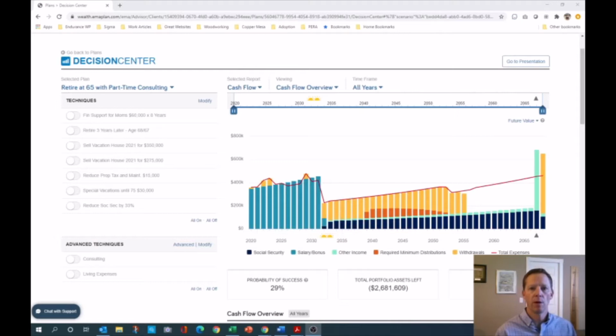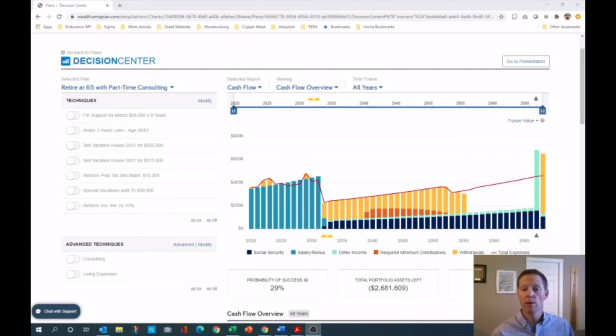So we input pre-retirement and post-retirement expenses, and we can adjust that depending on the quality of life that you want to live. Based on all their information and what they want to do, it's saying we're only about 29% funded, or the probability of success. Not very good. You can see over here on the right side of the graph, there's a big white area. That is potentially where they could run out of money.